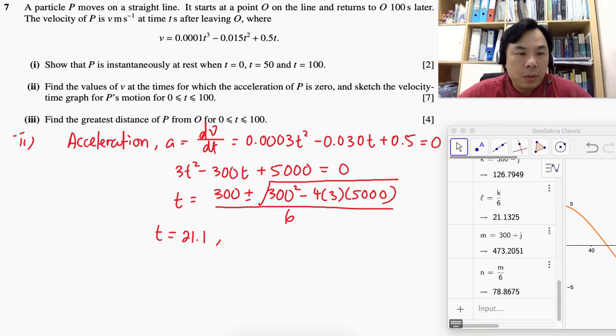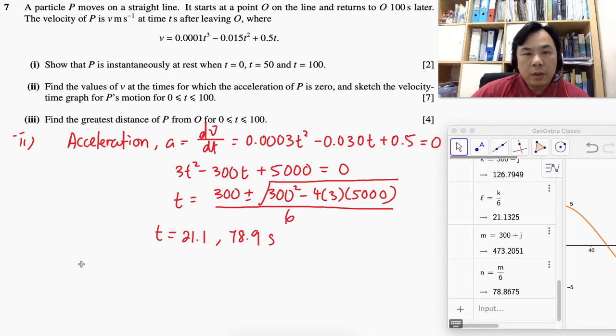Now I will be able to obtain the second one, which is 78.9 seconds. So the times taken for the particle to have an acceleration equal to 0 are given here.